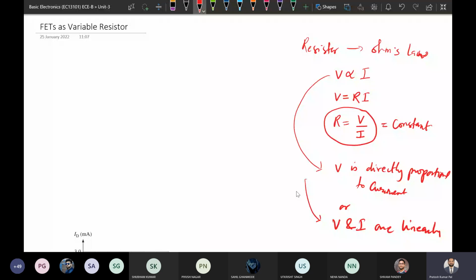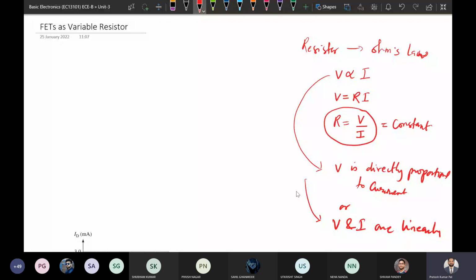Let us take a closer look at this, and see how the different biases are applied. We are applying a negative gate to source bias, and based on this the gate to source voltage is going to vary.